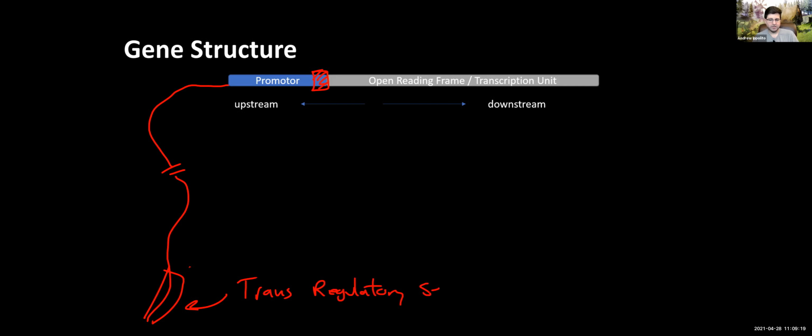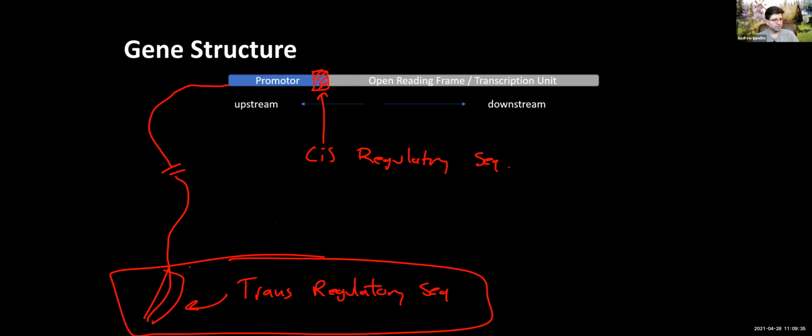These would be cis regulatory sequences. Cis and trans. Cis is close, trans is far. These are generally referred to as enhancer regions. So an enhancer is something that makes it even better.